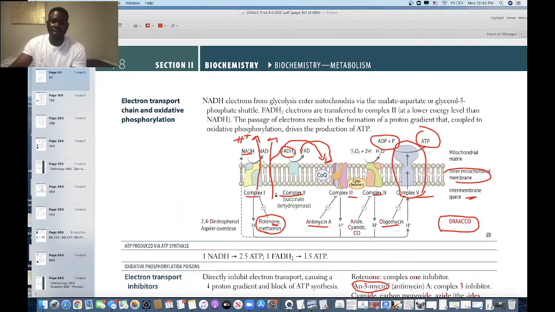Coupling means that they join together to form ATP, for example. So if at the end of this reaction ATP is made, then we call it a coupling reaction. But if at the end of the reaction ATP is not made, then it is an uncoupling reaction.